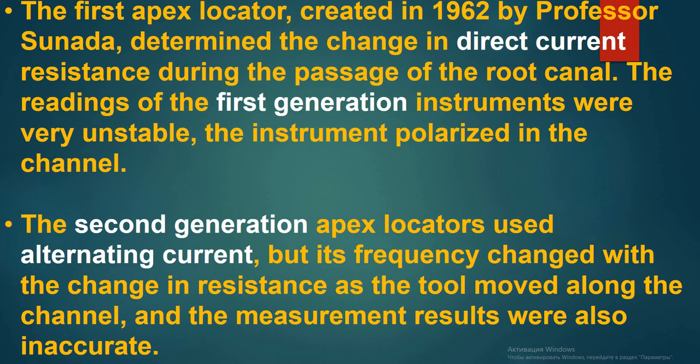The instrument polarized in the channel. The second generation apex locators used alternating current, but its frequency changed with the change in resistance as the tool moved along the channel, and the measurement results were also inaccurate.